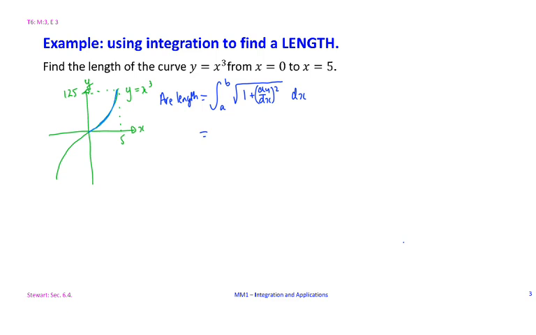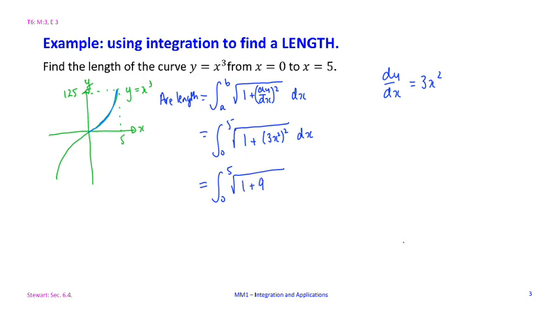So we have the integral from 0 to 5 of the square root of 1 plus, first, dy/dx is in fact 3x squared, so 3x squared all squared dx, which is 1 plus 9x to the 4 dx. Now, using Mathematica, we get 125.68. So I'm just going to write this down.